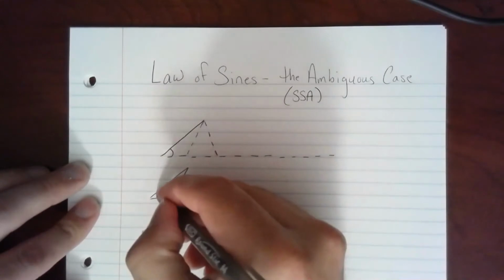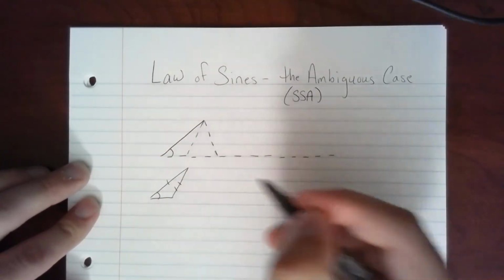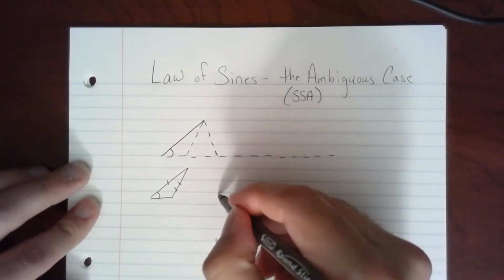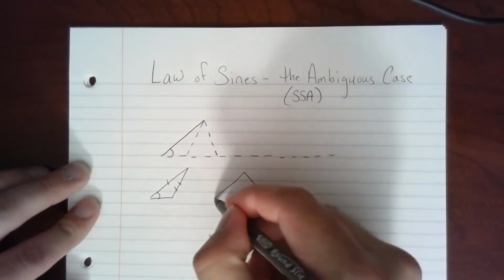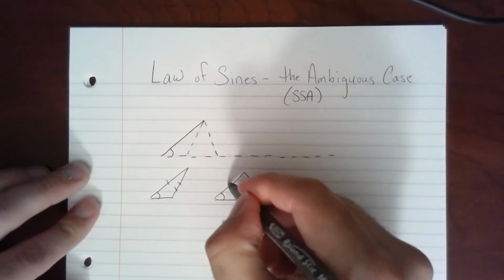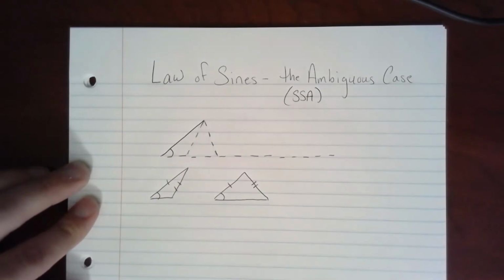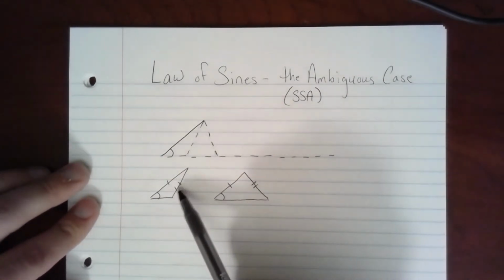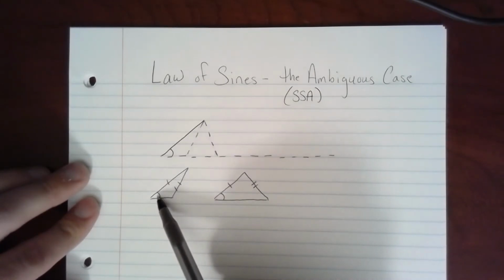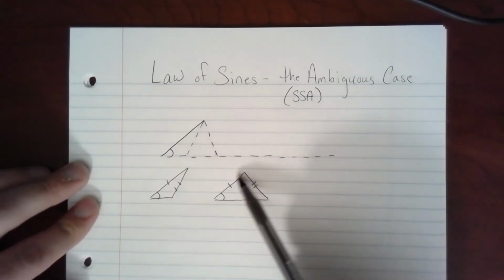It could have the same angle, the same first side, and the same second side as this other triangle I've drawn that looks more like this, that has this same angle, the same side here, and the same side length over here. I could have two triangles that have the same two sides and the same non-included angle, but one of them ended up being an obtuse triangle, and the other one ended up being an acute triangle.